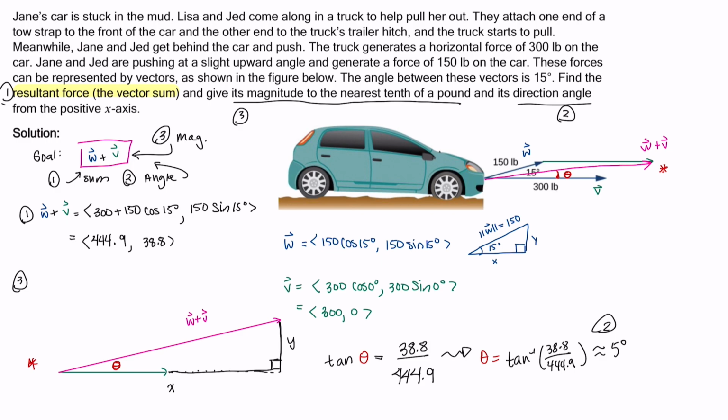The magnitude is really just the square root of 444.9 squared plus 38.8 squared, and that will get you approximately 446.6 pounds. I hope you found this video helpful.